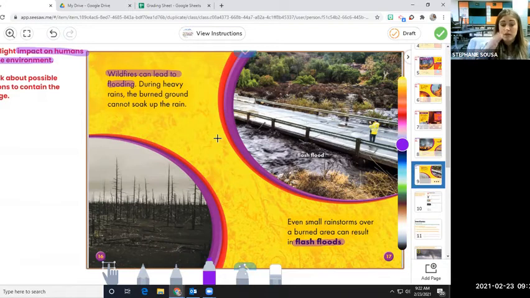So it picks up speed and it moves faster and faster. Whereas before it would hit a tree and slow down and then trickle through some grass and slow down. But now everything's gone. So that water just skates right across the top of that burned ground. So not only can these areas experience a devastating fire, but then right after they can experience a flood. Double the damage, really.